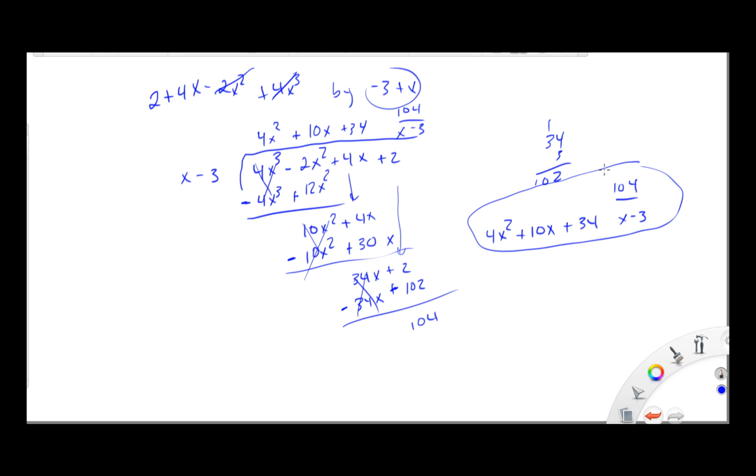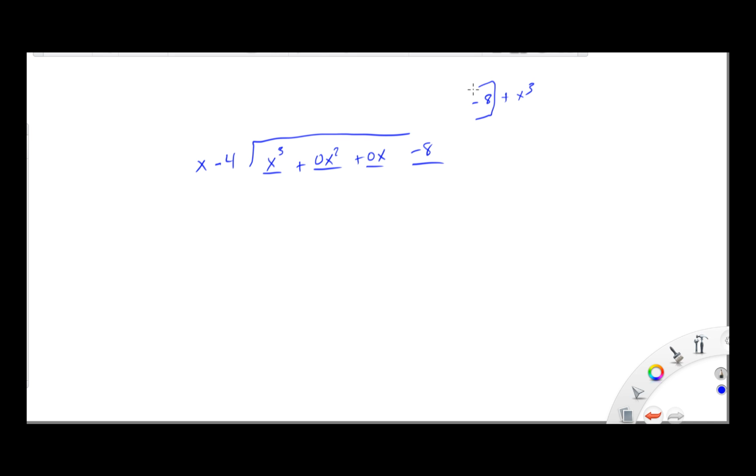Now, what if you get a problem like number 11? I'm going to redo this by saying x minus 4 divided by, and all they give in number 11 is a negative 8 and an x plus x cubed. How do we do that? Well, remember, we have spots for every term. Because this is x cubed, we will put x cubed here plus 0x squared plus 0x minus 8.